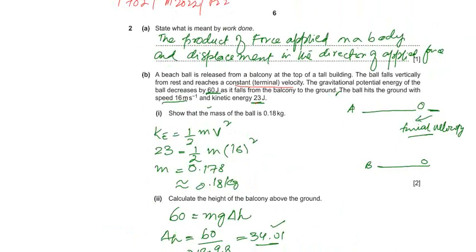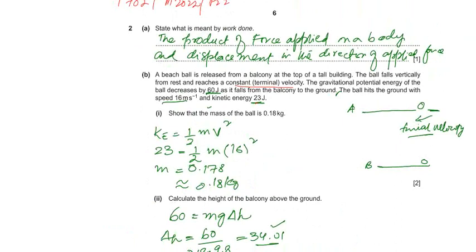Now here is the ball at point A, released from rest, right? Initial speed will be zero, and after a certain point its velocity becomes constant and acceleration becomes zero, and then it touches the ground. The next part of this information says the gravitational potential energy of the ball decreases by 60 joules. So at the height, it was 60 joules.